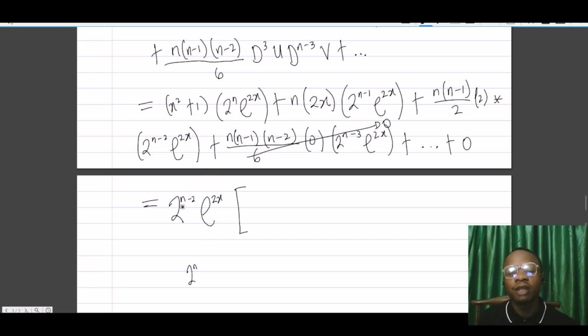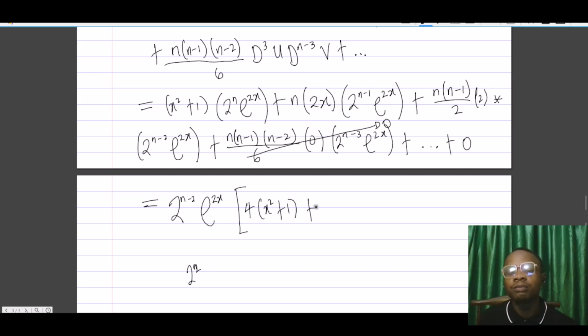Now we have 2 to the power of n minus 2. That means we should have inside 2 to the power of 2, because if we have 2 to the power of 2 inside, by the time we multiply it with this, when expanding, it will give us the same result as this. So this is just going to be 2 to the power of 2, for the coefficients of this that we have left. So we're going to have 2 to the power of 2, which is 4 into x squared plus 1. Okay, so that's what we have left from this term.